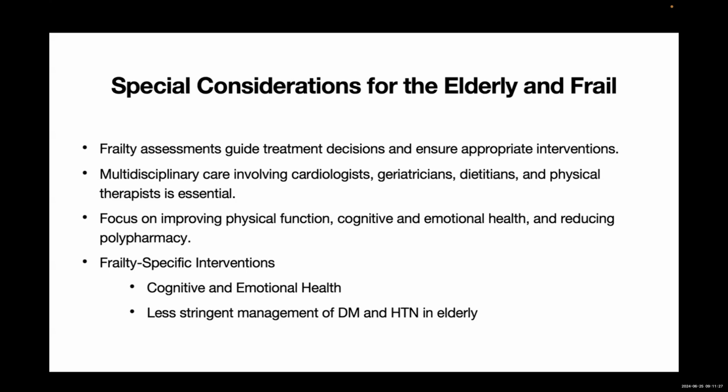Managing cardiovascular risk in elderly and frail patients requires a multidisciplinary approach involving cardiologists, geriatricians, dietitians, physical therapists, and social workers. Regular team meetings and care coordination improve communication among healthcare providers and ensure that all aspects of the patient care are addressed. For frail patients, interventions should focus on improving physical function and reducing the risk of adverse outcomes.